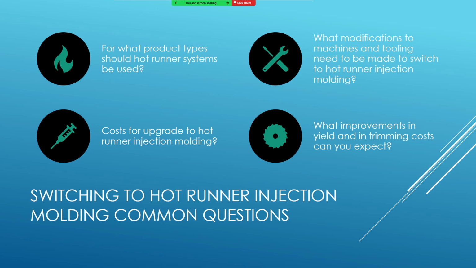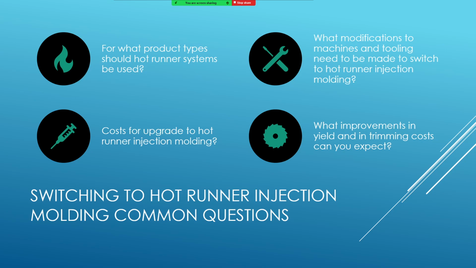What modifications to machines and toolings need to be made to switch from cold runner to hot runner injection molds? There is quite a bit to be done to upgrade your machines to hot runner injection molding. For the most part, you would have to create certain plates. You would need to buy wires and assemblies, and buy the part itself.